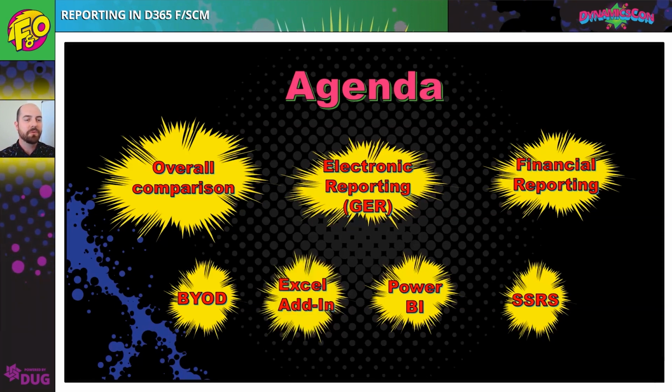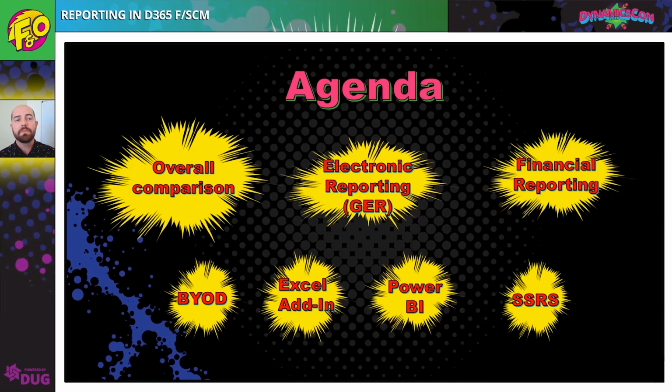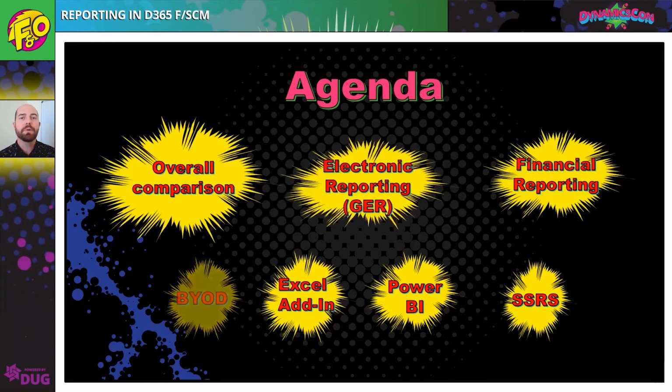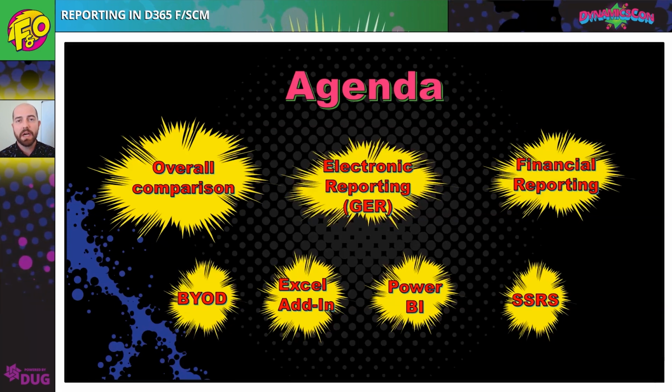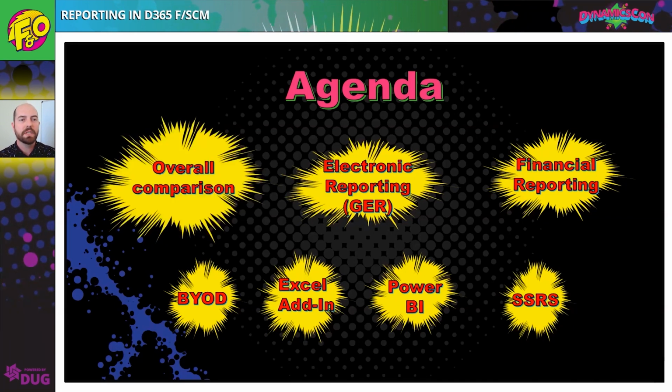Excel add-in, which is of course everybody's favorite because everybody knows Excel. Financial reporting for finance teams, general electronic reporting, bring your own database, which itself is not a reporting technology, but is still important to the reporting story in F&O. And then finally, we'll do an overall comparison of the technologies that I'm talking through here today.